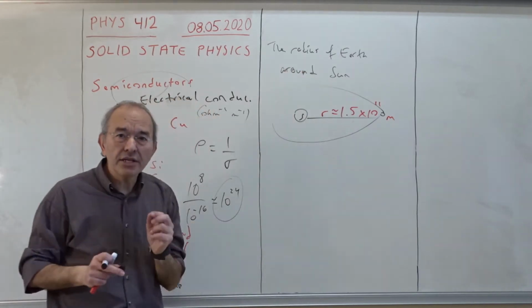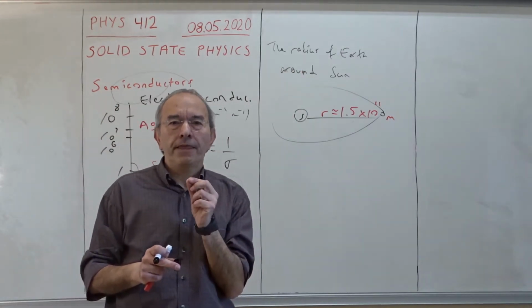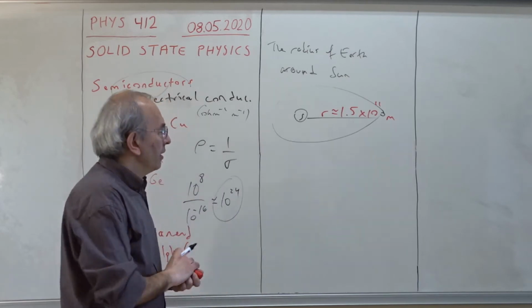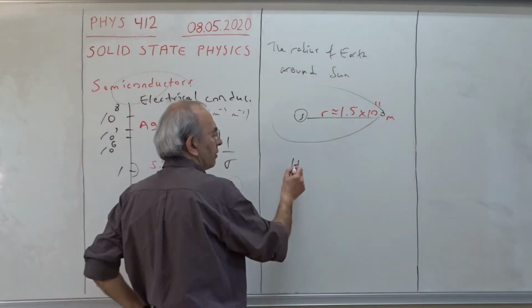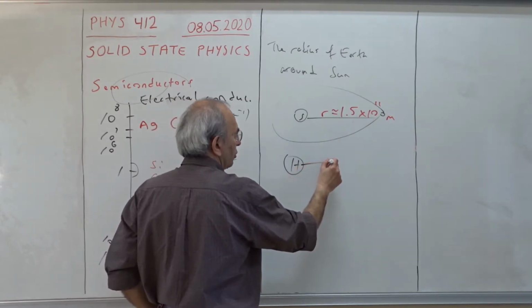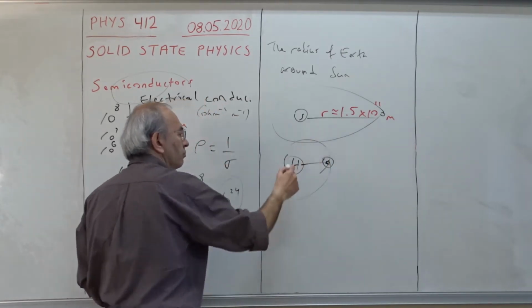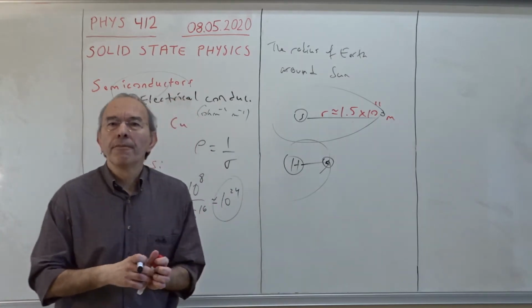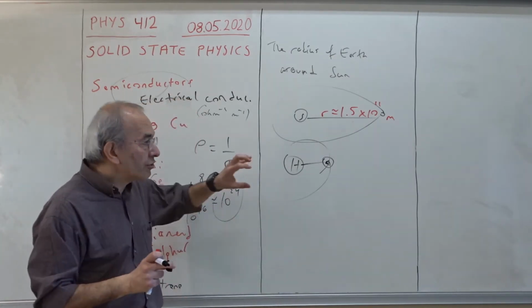So what is the radius of an electron in an atom, such as the hydrogen atom? If we have a hydrogen atom, this is the nucleus, for instance, and here is the electron. Assume in Bohr's model that it has a certain radius.